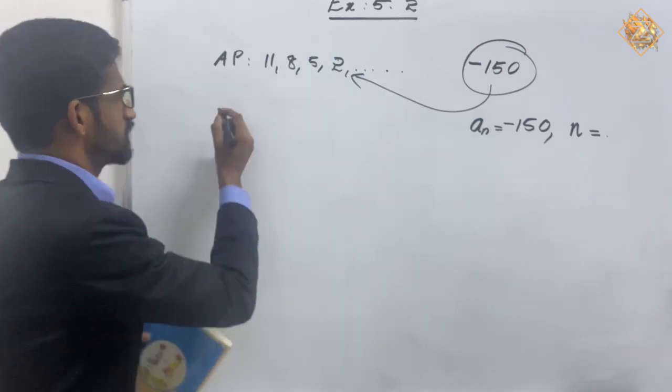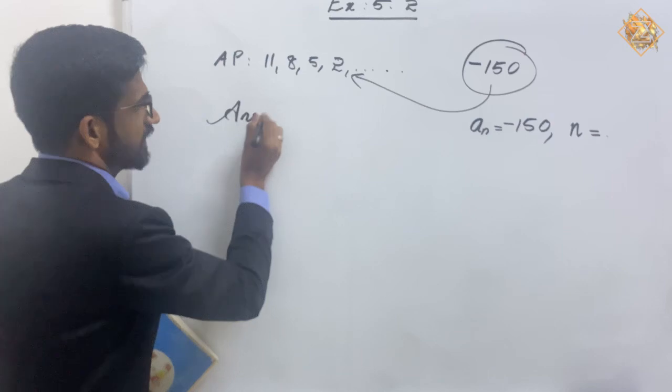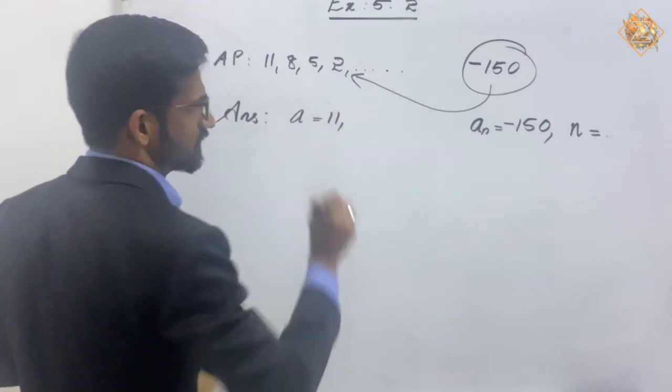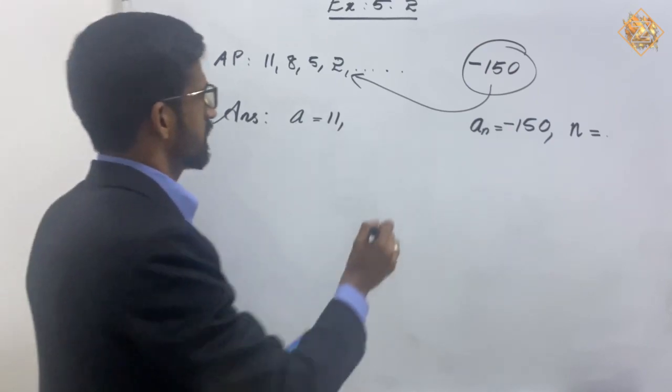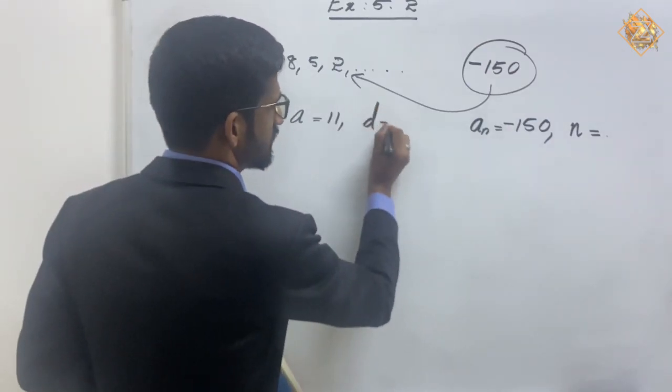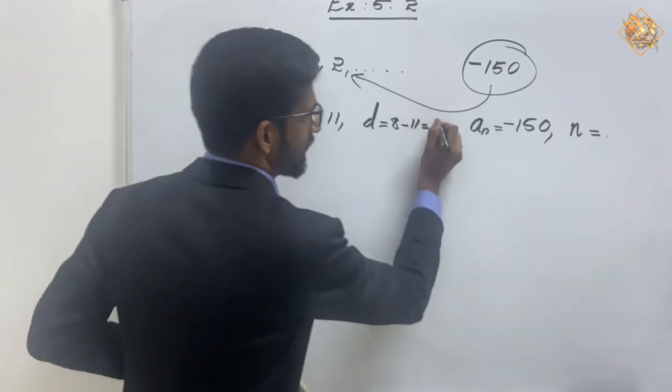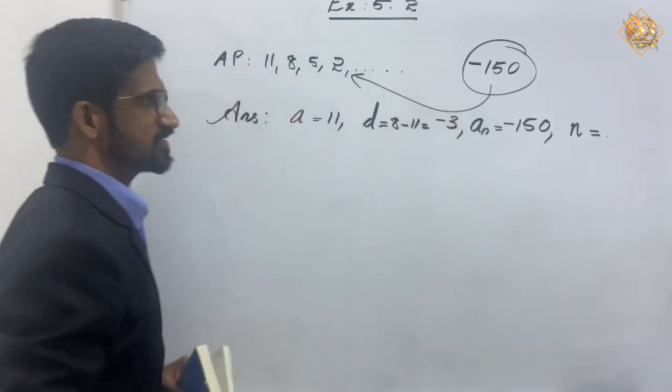Okay, so we'll do this. Answer. Here A equal to 11. A is the first term. Common difference D, it is 8 minus 11, that is minus 3. Isn't it, students?